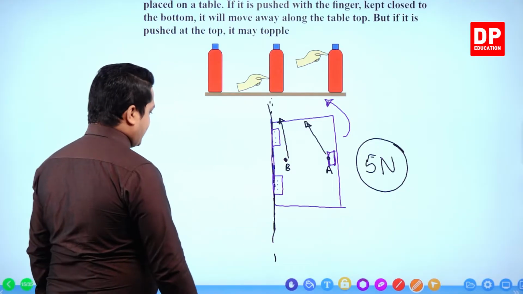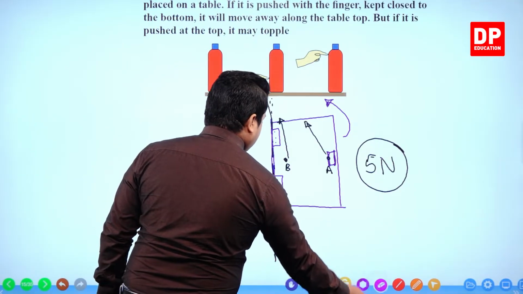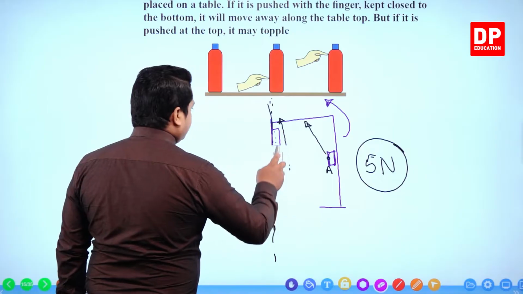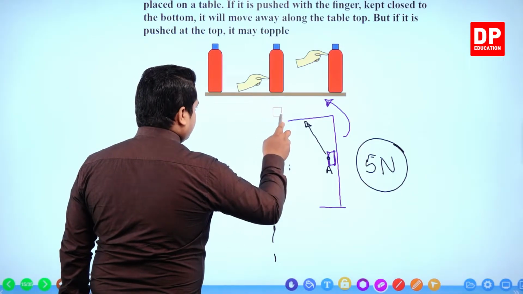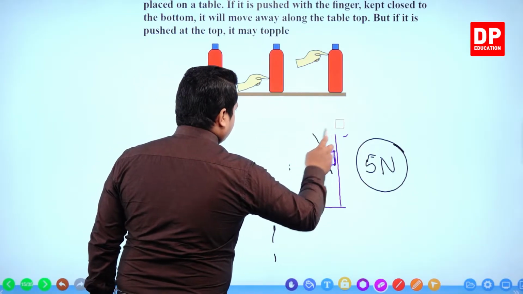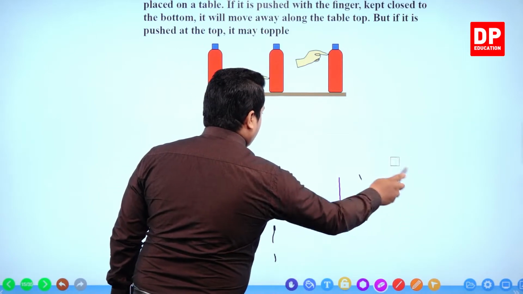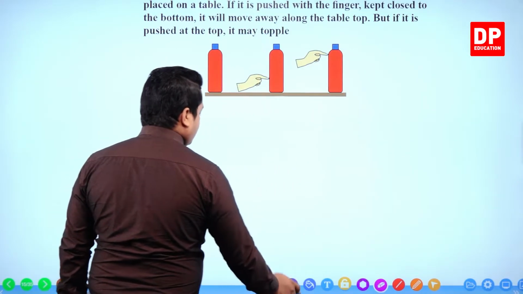So, I'm going to erase these things now, and once again come to my lesson part over here.